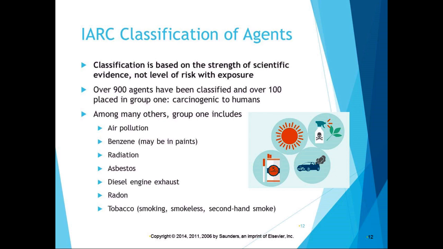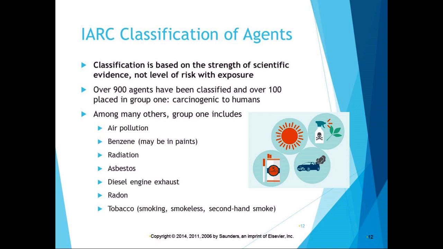Basically they classify based on the strength of scientific evidence, not on the level of risk with exposure. There could be something like air pollution, where there's scientific evidence that it is a risk for cancer, but it doesn't necessarily mean that you have more cancer risk with exposure to it. Over 900 agents have been classified, and over 100 of those are placed in group 1, carcinogenic to humans.